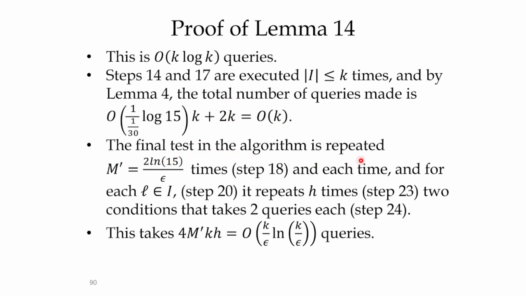And the final test of the algorithm is repeated m' times, which is 15/ε times in step 18. And each time, for each L in I, it repeats h times in step 26. Two conditions that take 2 queries each in step 24.